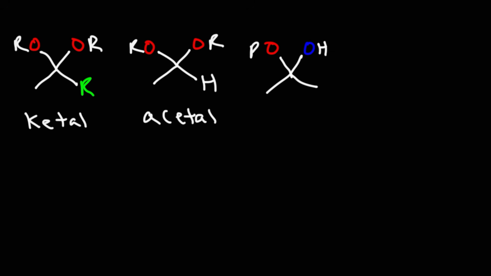Now, instead of two OR groups, what if we have an OH and an OR group? What would you call that? And what if we replace the R group with a hydrogen? What happens then?